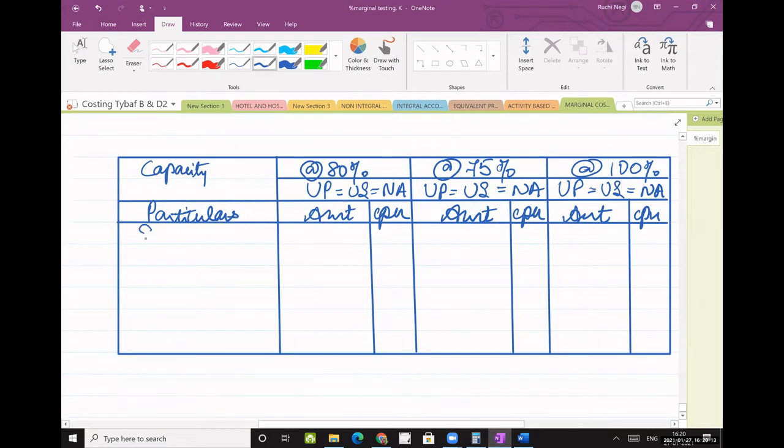Start with sales less variable cost is equal to contribution, less fixed cost is equal to profit.